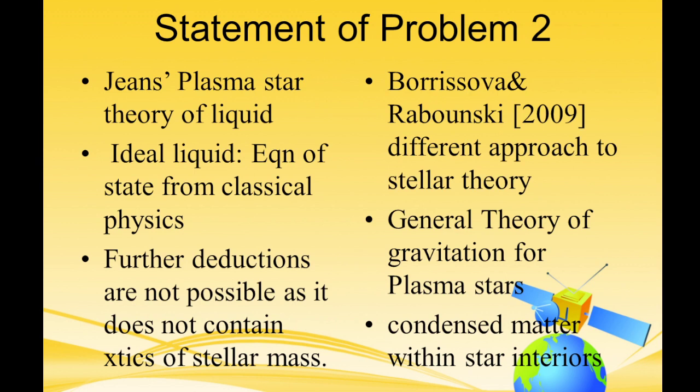So he actually tried to come out with a model for plasma stars, but the model is lacking because it doesn't have characteristics of stellar mass. Anything you are coming with as a physicist must have observational backing or experimental backing. If it doesn't have, it will be difficult to convince somebody.